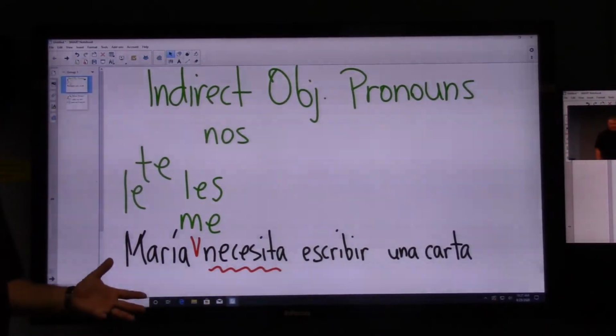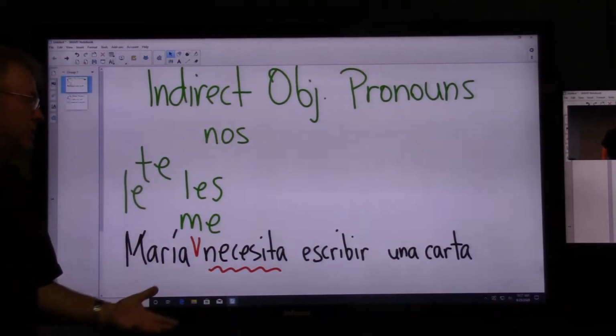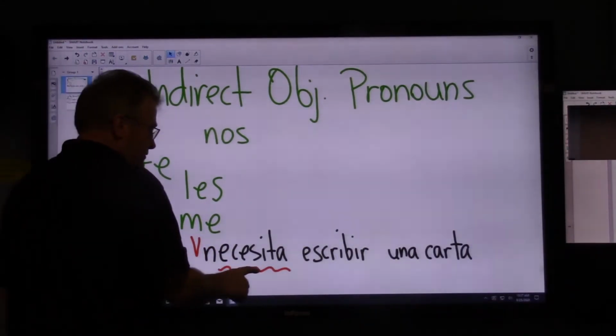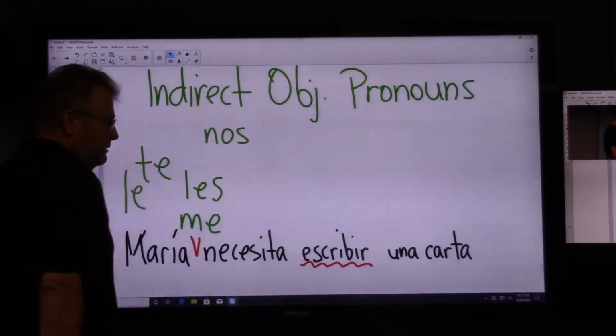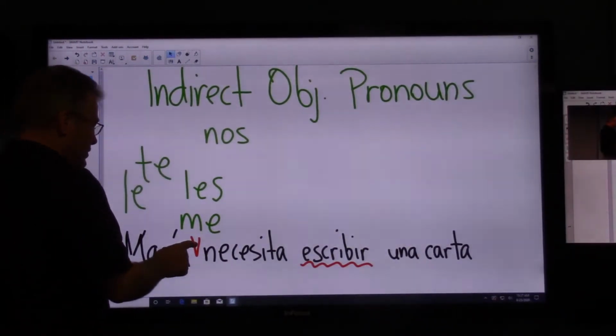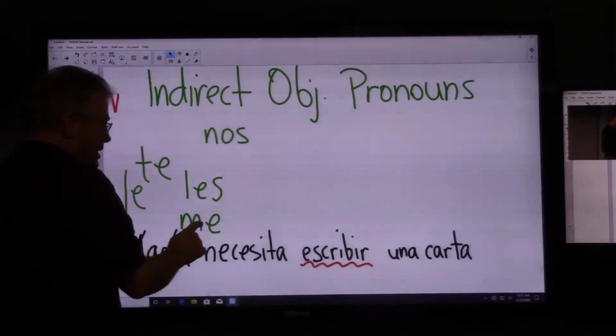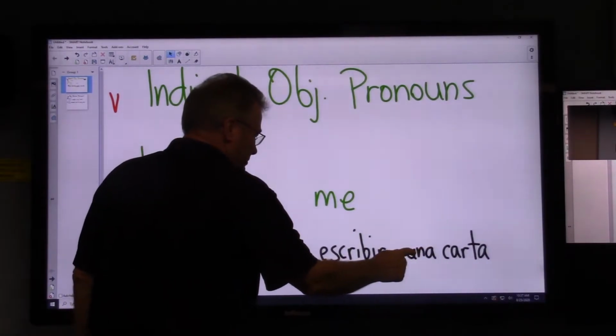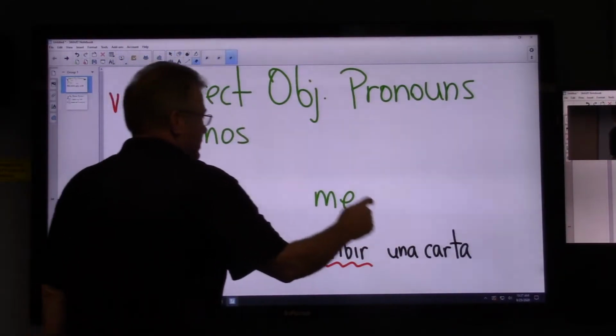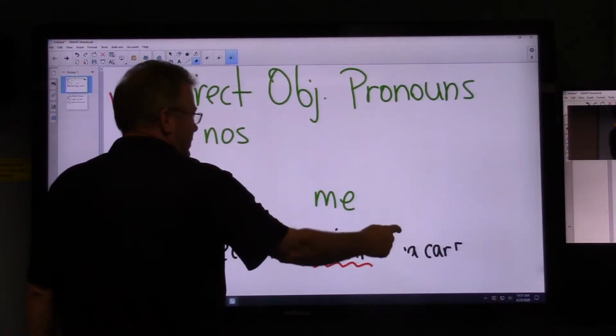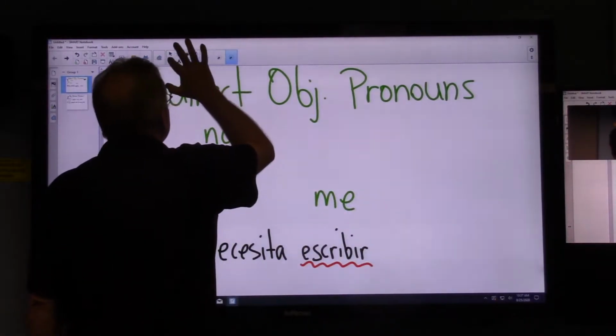Or, if I have the option, I can smash it on the end of an unconjugated verb. Do you see an unconjugated verb here anywhere? Right there. So if I had the option, and here it appears that I do, I can smash it on the end. Let me move these words here.